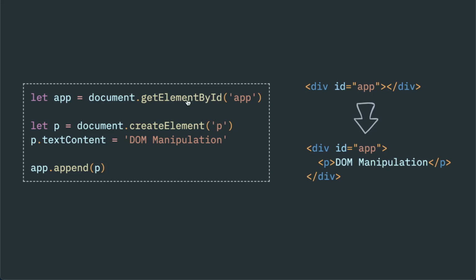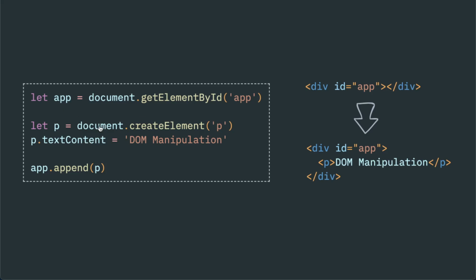But this particular function is very popular, and it will return a single node. It won't return an array. So app will correspond to this particular div element here, but it is not an HTML tag. It is a DOM element or DOM node structure, which is a kind of object structure. And once we create it, we store it in memory. We will come to it later.